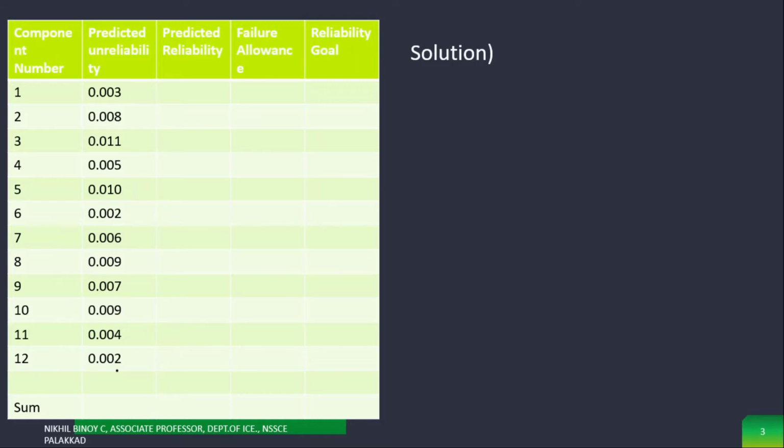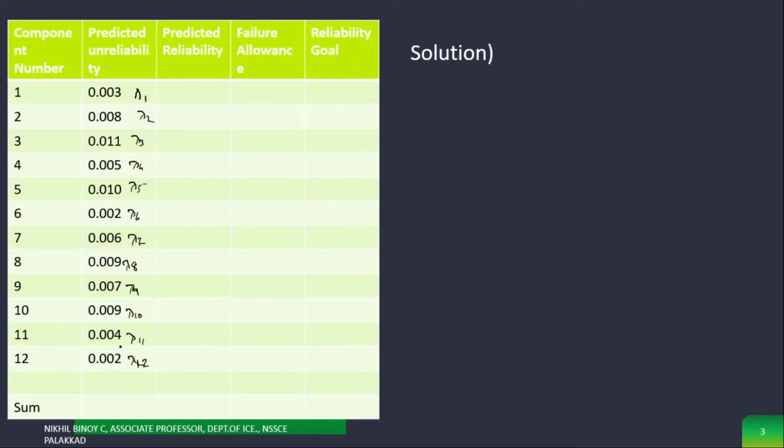So first, please note, this is actually a failure rate, but we can label it as the probability of failure, the predicted unreliability. So these are lambda 1, lambda 2, lambda 3, lambda 4, lambda 5, lambda 6, lambda 7, lambda 8, lambda 9, lambda 10, lambda 11, lambda 12.